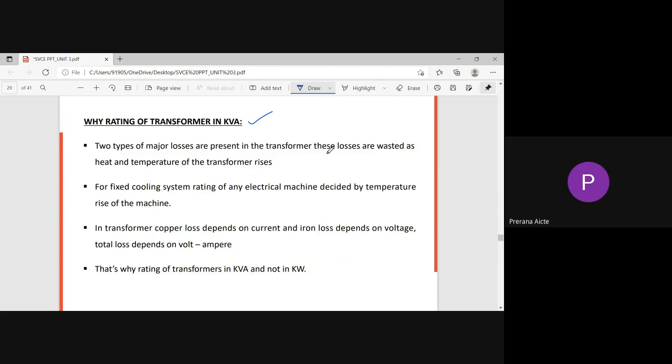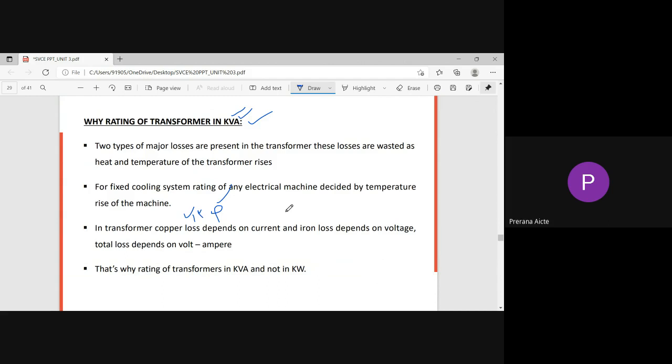Because when V1 voltage is given to the transformer, V1 is directly proportional to flux, and iron losses are flux losses. Similarly, copper losses depend on load current. That's why we can represent a transformer rating in kVA, volt ampere. So iron losses depend on voltage and copper losses depend on current.